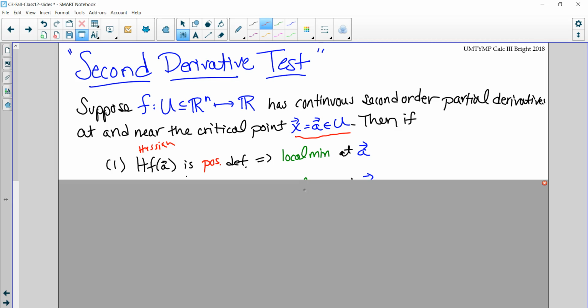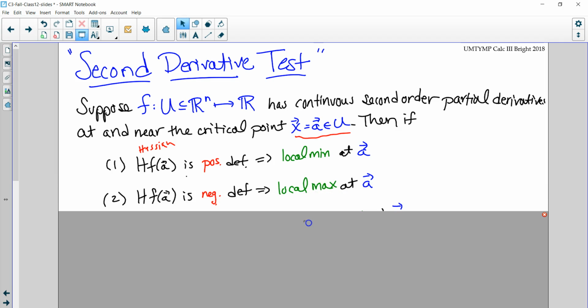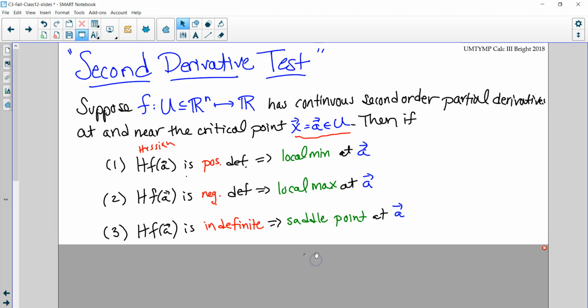If our second derivative is positive, we end up with a local min, concave up. In the case where the Hessian is negative definite at the point, we get a local maximum, concave down. And if the Hessian is indefinite, then we have a saddle point.